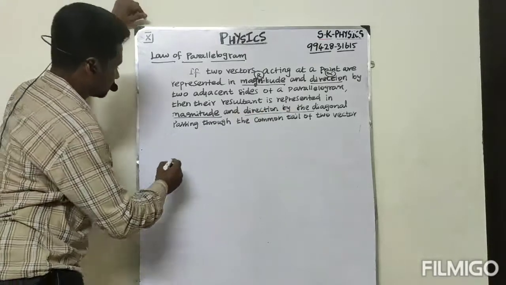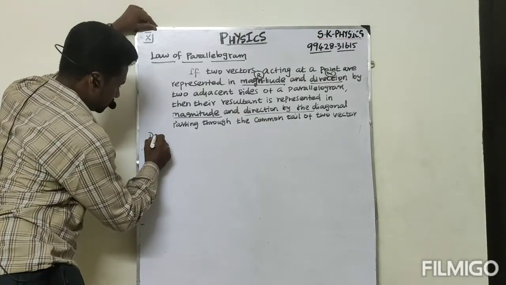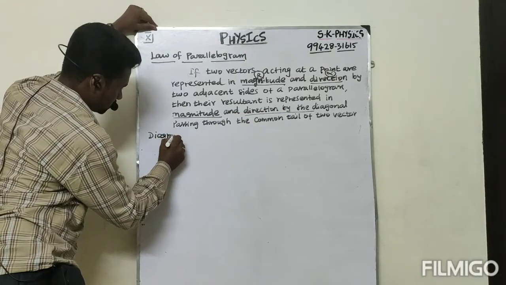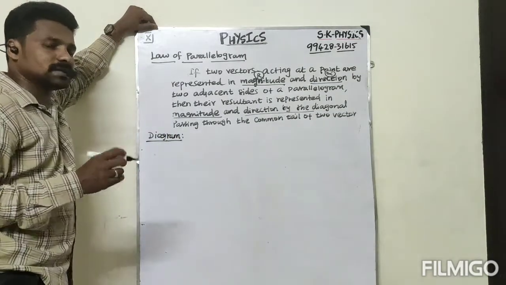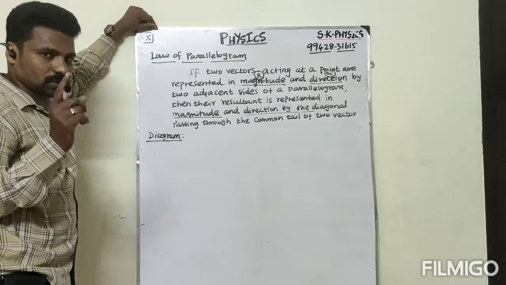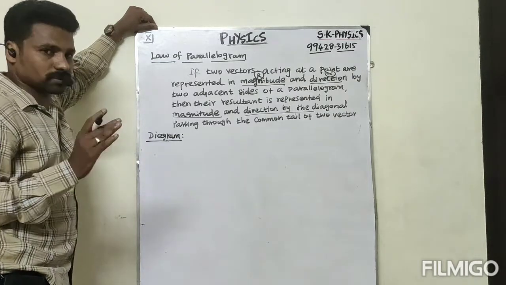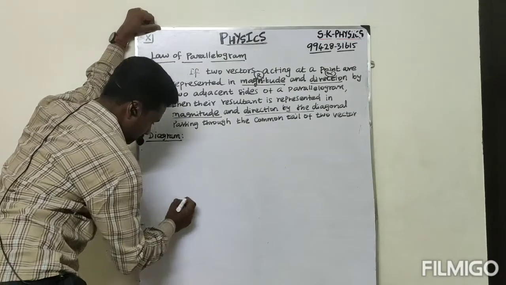See that, first see the diagram. Now let's take two vectors: one is the P vector, another one is the Q vector. Please listen.